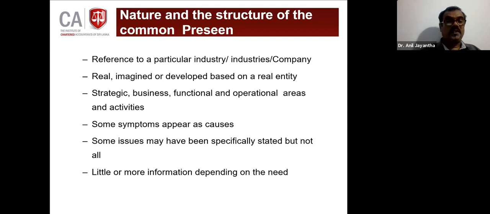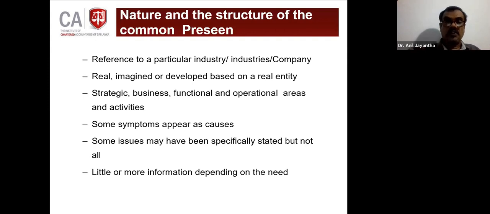Of course, the information provided in the pre-seen is about a particular industry or a combination of industries, because nowadays, in terms of risk management, it is hard to see a particular company operating in one industry, doing one particular business, or engaging with one single product.